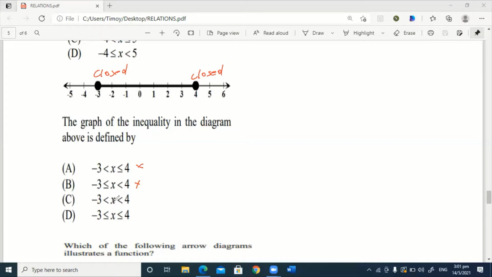What is this suggesting? Suggesting that the graph opens at both -3 and 4, and that is not true. It is closed. So therefore, C cannot be the answer. So the answer for this is going to be D, because as you can see there, it says x is greater than or equal to -3 and x is less than or equal to 4.